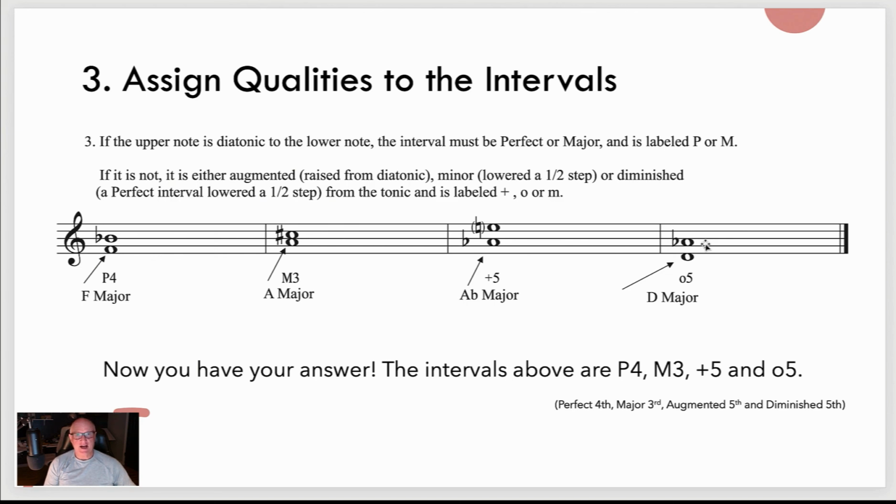A flat is not diatonic to the key of D. It's altered. Is it raised or lowered? Flats lower things a half step. It's a diminished fifth. It's that simple. That's how you have your answer. So then the intervals, we would write them as P4, M3, +5 and o5. And that gives us our designations for those. This is crucial.